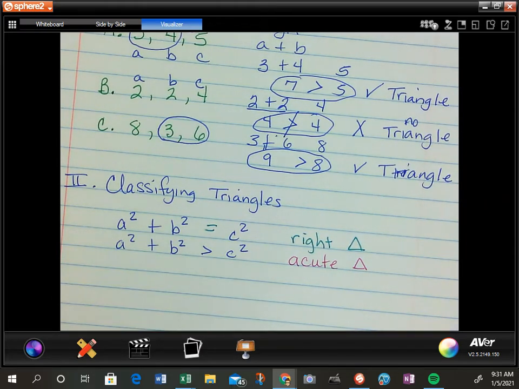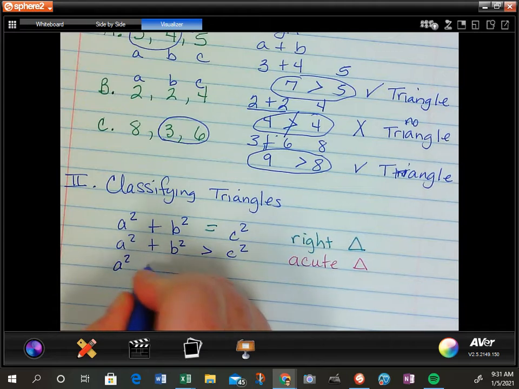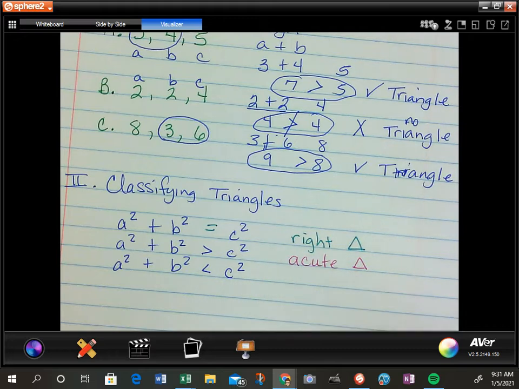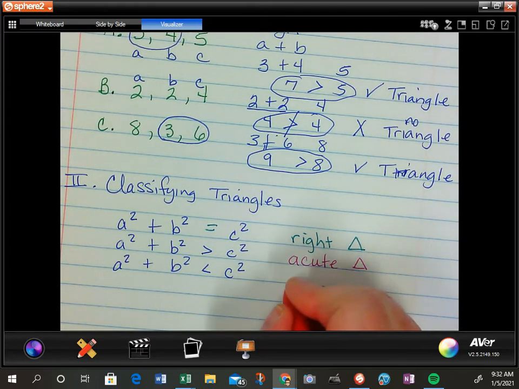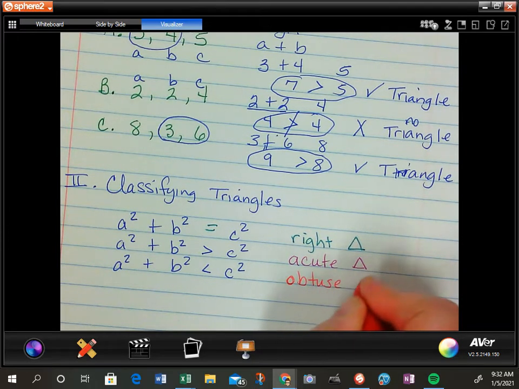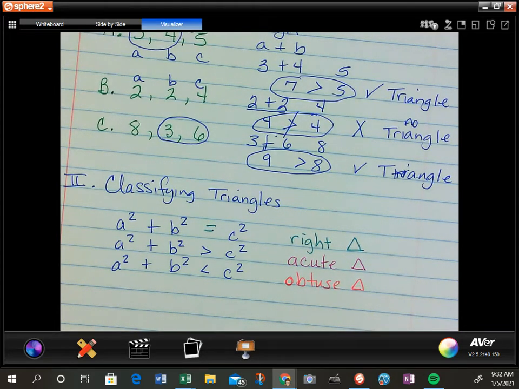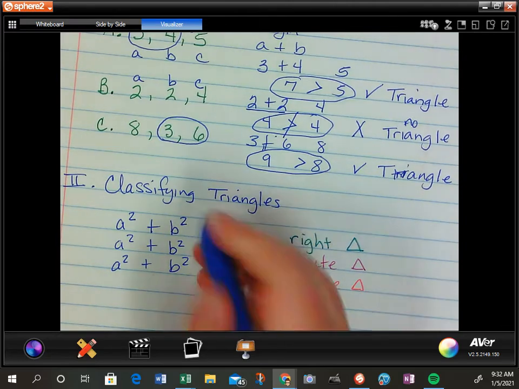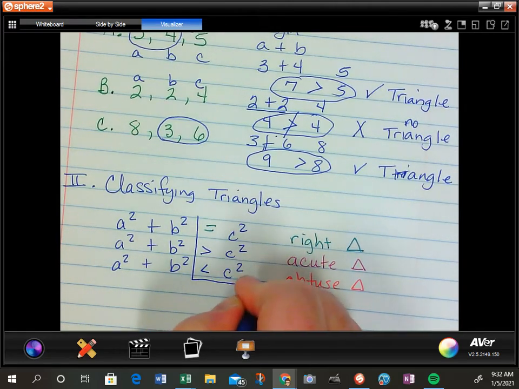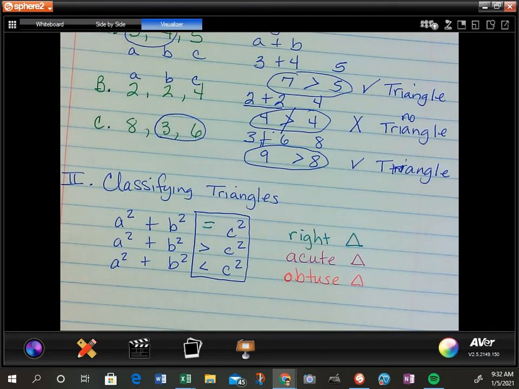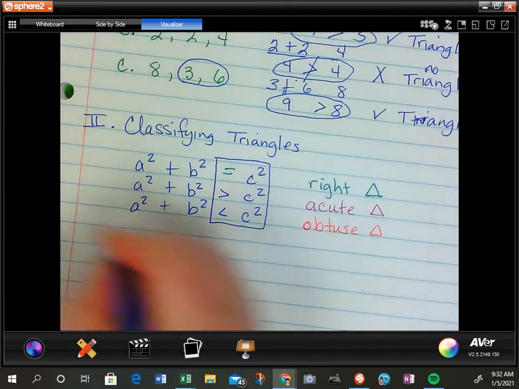If I have a squared plus b squared less than c squared, then I have an obtuse triangle. So it all has to deal with this right here and C. Okay? So let's try some examples.